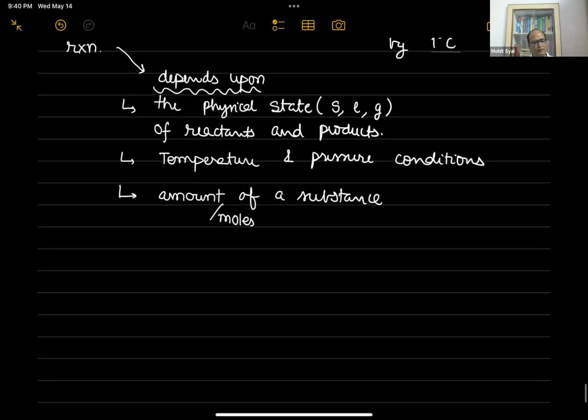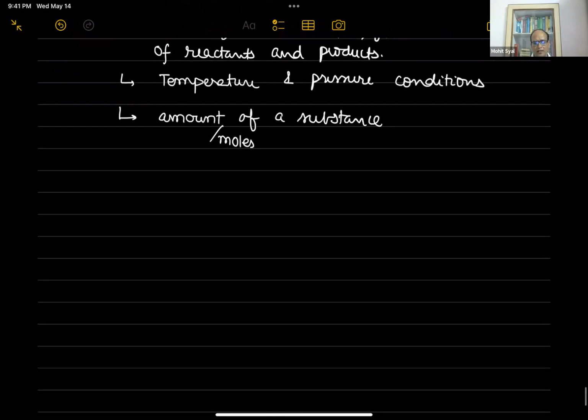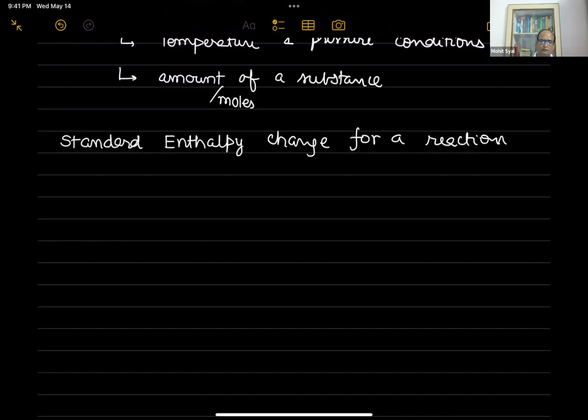Because it depends upon so many factors, you fix some of the factors and you call it the standard enthalpy change for a reaction.